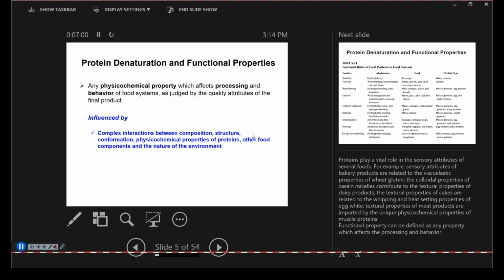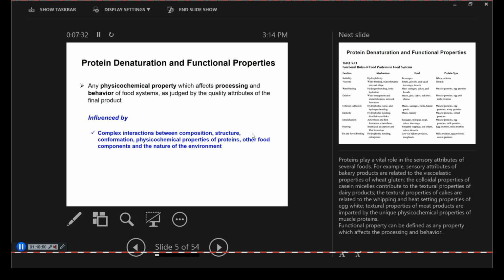We judge it by quality attributes of the food. Quality attributes can be color, flavor, texture. That is your technical definition of a functional property. All right. So emulsion impacts the physical structure of the food, for example.